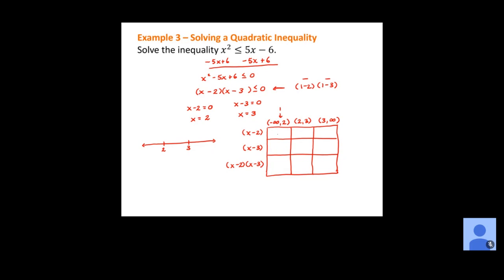The x minus 2 gave us a negative, the x minus 3 gave us a negative, and so overall now that product should give us a positive. Okay, so that's what the table does for us, is it organizes it to say, okay, that first factor was negative, second factor was negative, and now the overall factors multiplied together should be positive. Now we need to do the same thing for each of our other intervals. Okay, so what value could I choose in the interval from 2 to 3?